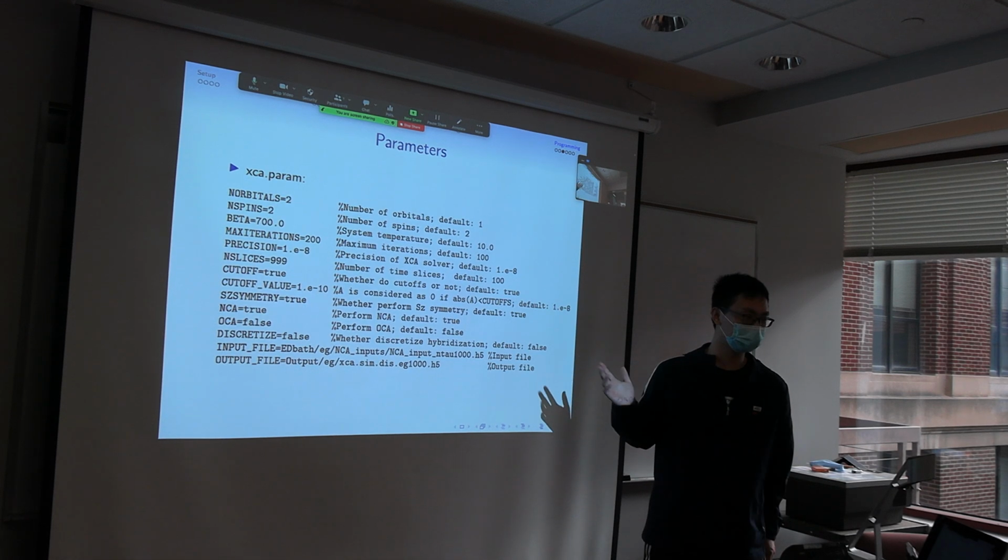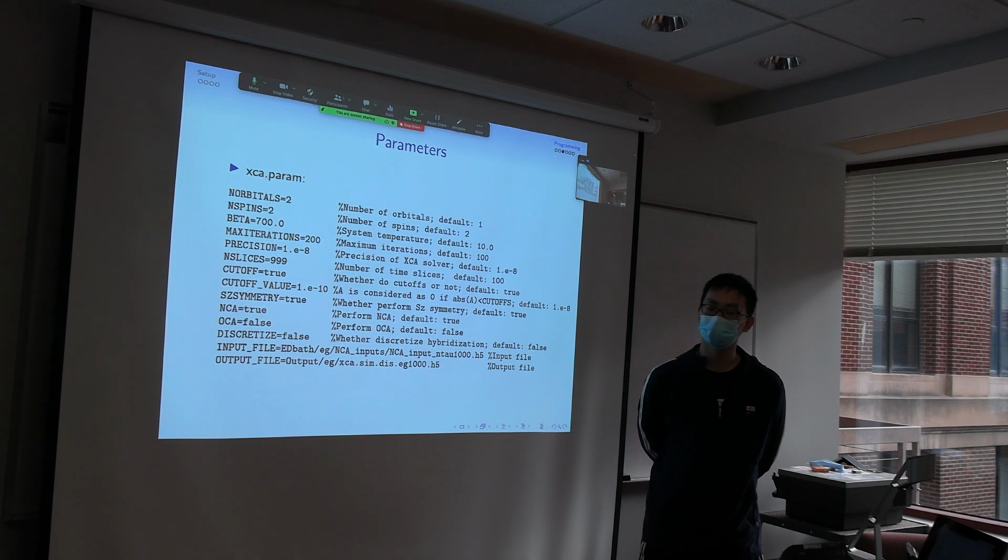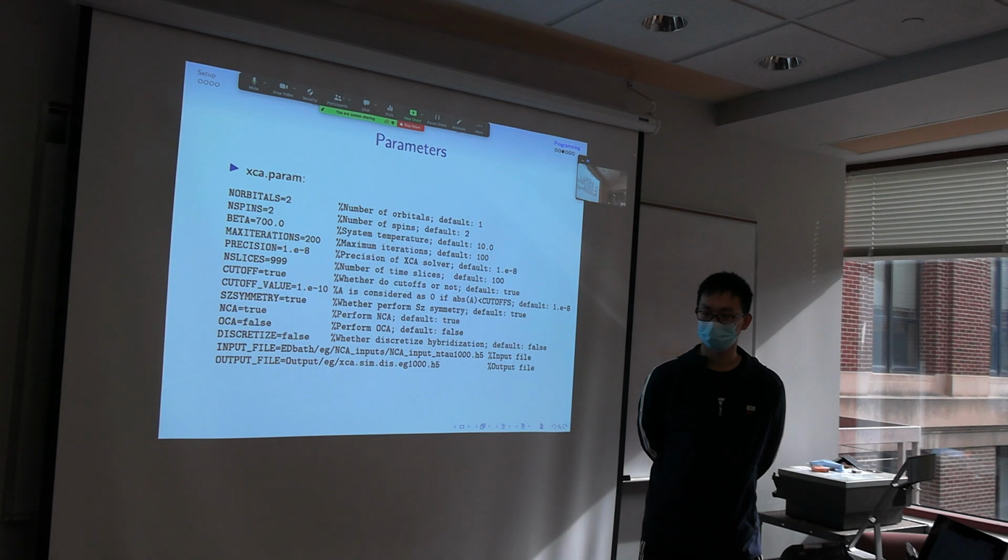Any questions about that? I should probably clarify that there's never any need to discretize a hybridization function in NCA or OCA. But if you want to check against what, for example, exact diagonalization gives for a certain discretized version of the hybridization, you can artificially introduce the fitting errors into the NCA and then compare to what the ED gives for the same problem.